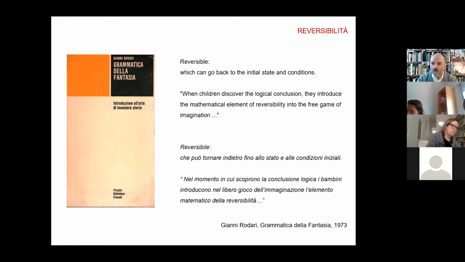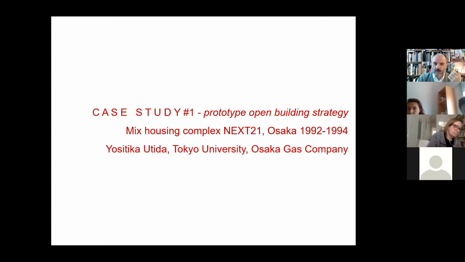When children discovered the logical conclusion, they introduced the mathematical element of reversibility into the free game of imagination. So once more, there is a question of imagination, but there is even a question of method and tools and how to deal with this.